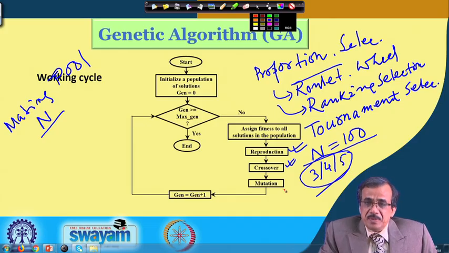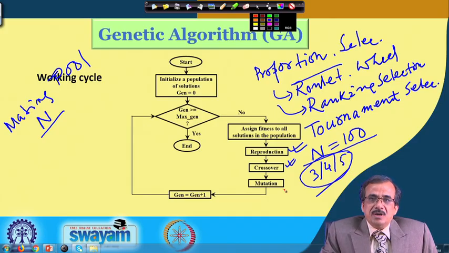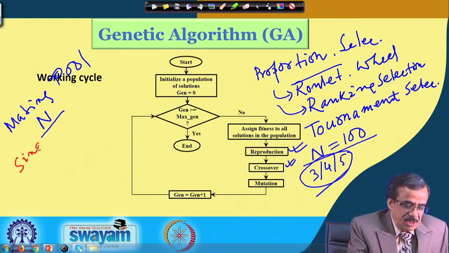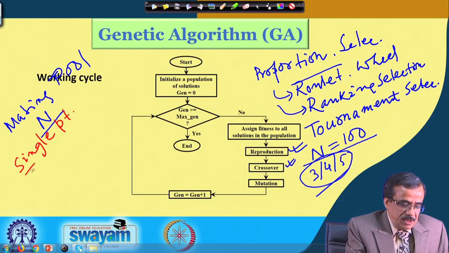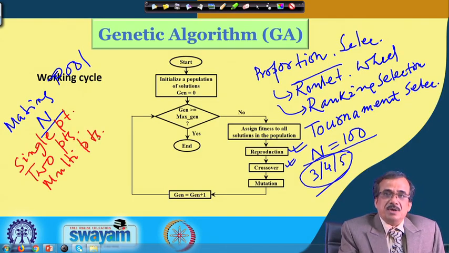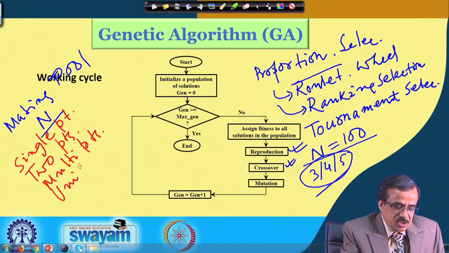If you see the literature, we have got different types of crossover schemes. For example, in binary coded genetic algorithm, we have the single point crossover, then the 2 point crossover, then the multi point crossover, then the uniform crossover and so on.